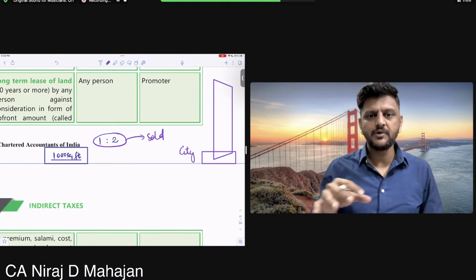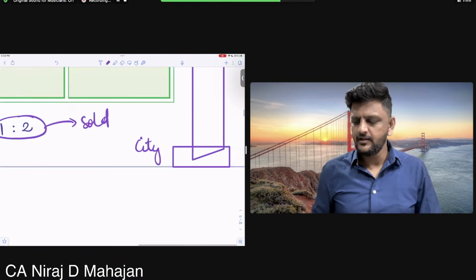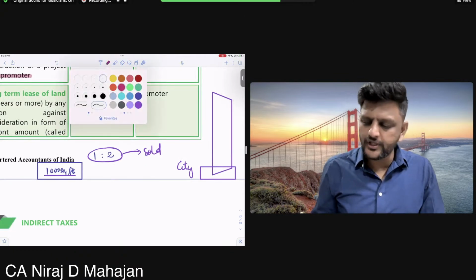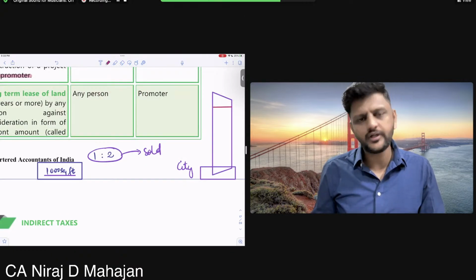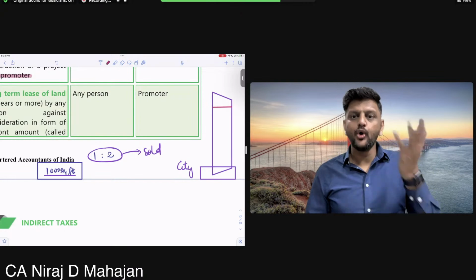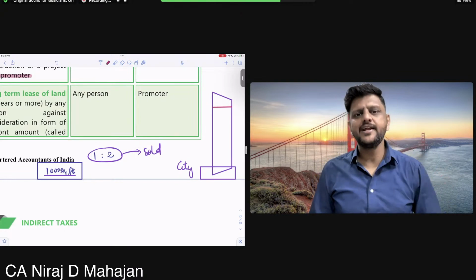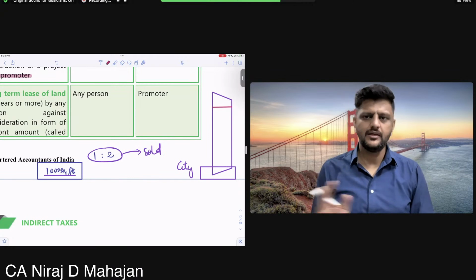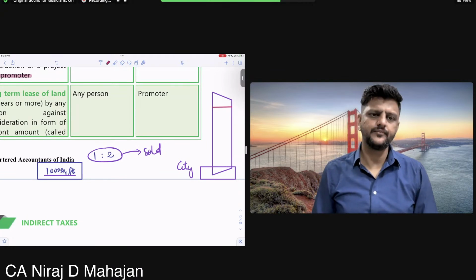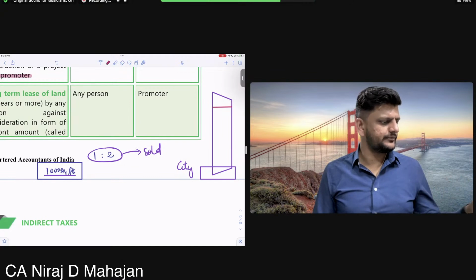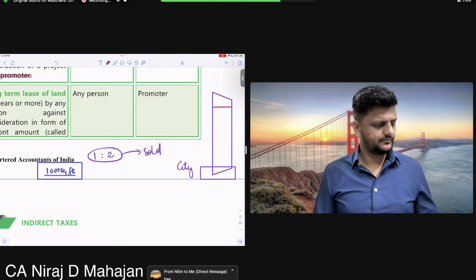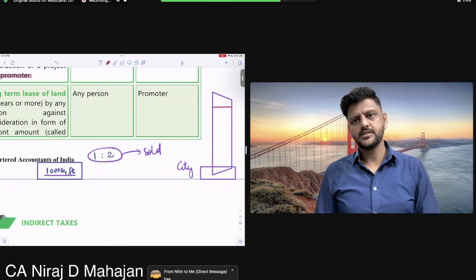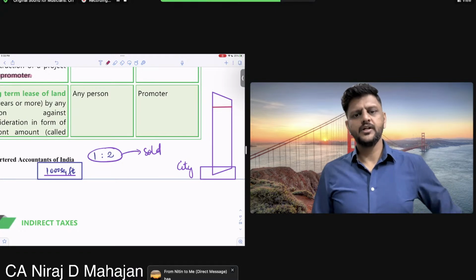As per his regular FSI he could have built only up to here, but if he wants to construct more, he will have to buy that TDR from somewhere else. That TDR can also be sold. Clear? Khushboo, understood? Mansi, Indrajit, Akshay.